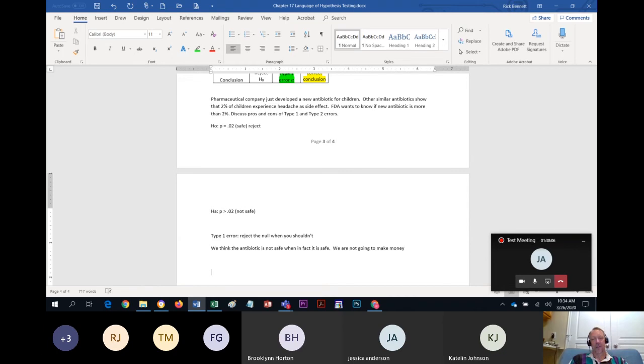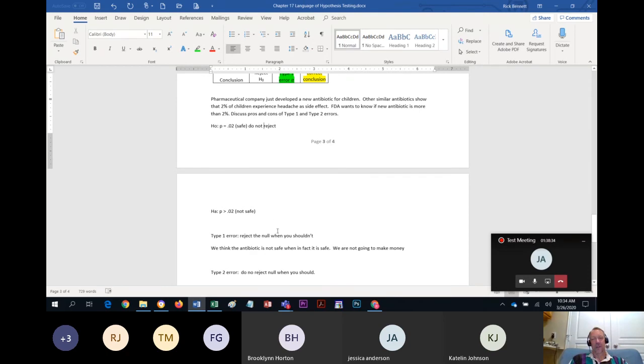Okay. So type 2 error is to not reject the null when you should. In this case, if we're making a type 2 error, we do not reject the null.